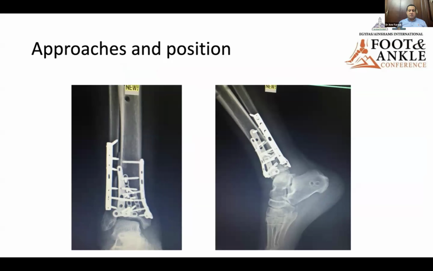This is some sort of fragment specific fixation for the distal tibia, in which we used many plates in order to fix each of the fractured fragments of the tibia.